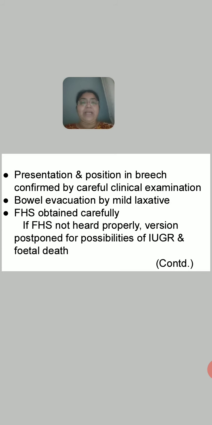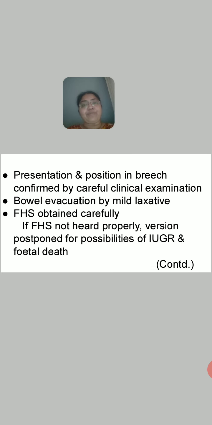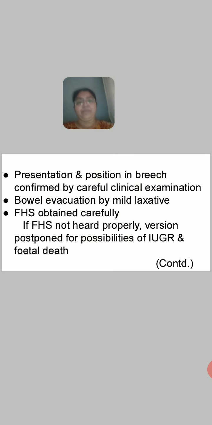In IUGR, the heart sound may be dull. In fetal death, heart sounds are absent. So whenever you find that FHS are not heard or are very poor, you have to consider the possibility of IUGR or fetal death, and before you detect any such condition, you have to postpone version. Version should not be done.